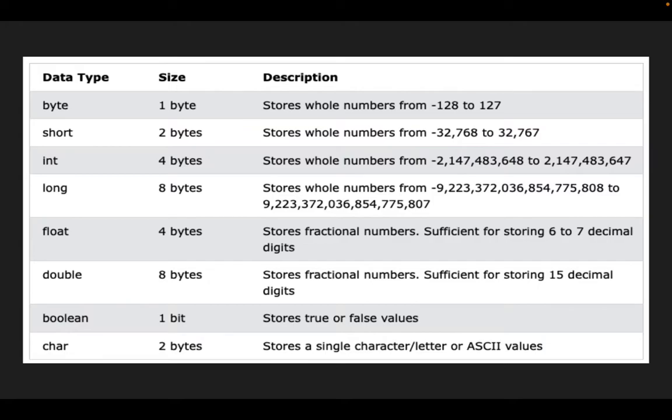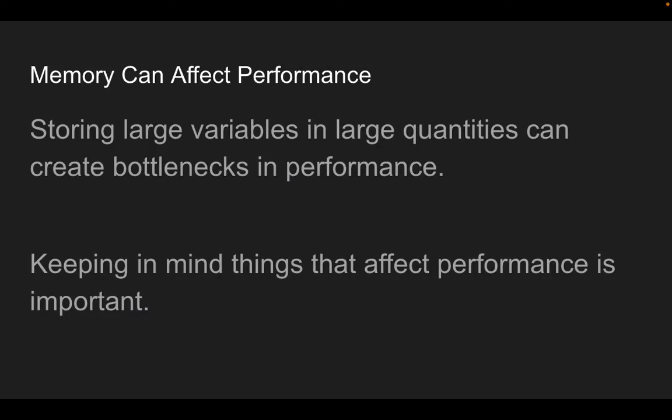All right, keeping that in mind, when we create objects, we want to be thinking that memory is finite. So I want to use data types that represent only what needs to be used. If we're storing very large variables and very large quantities, it can create bottlenecks. This is the example I was trying to convey with an array or an array list.